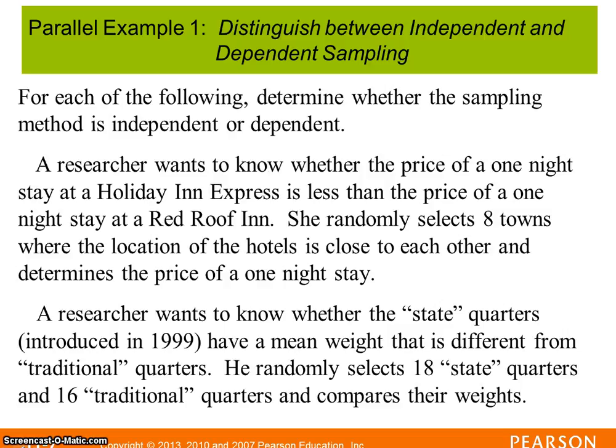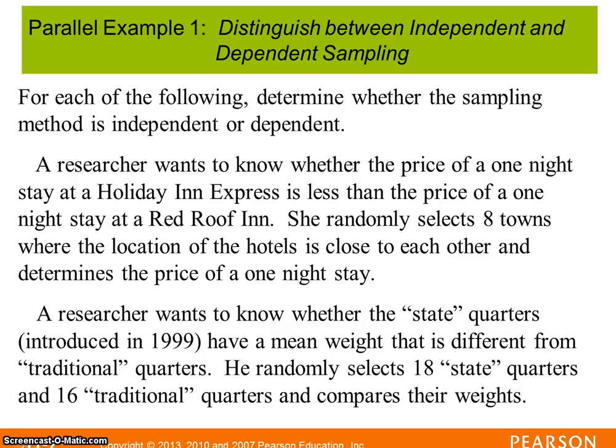Just as an example of this, let's see if we can determine which one is independent and which one is dependent sampling. Let's say that a researcher wants to know whether the price of a one-night stay at a Holiday Inn Express is less than the price of a one-night stay at a Red Roof Inn. She selects 8 towns where the location of the hotels is close to each other and determines the price of a one-night stay.